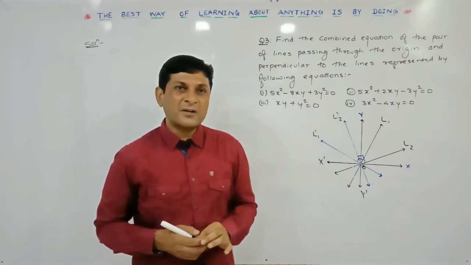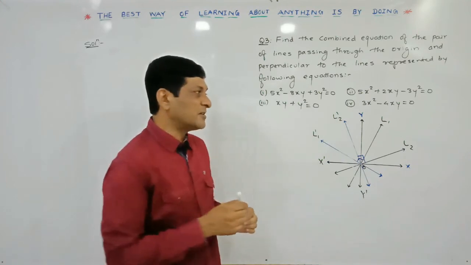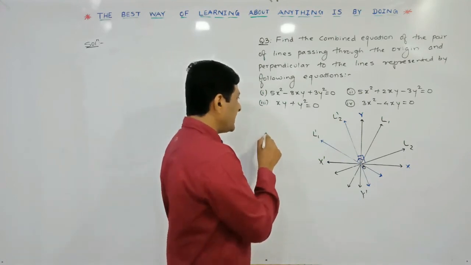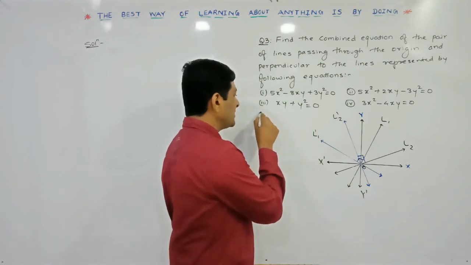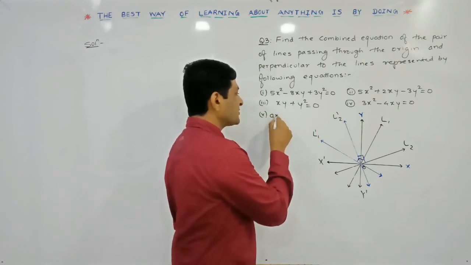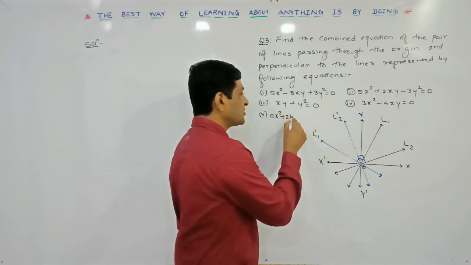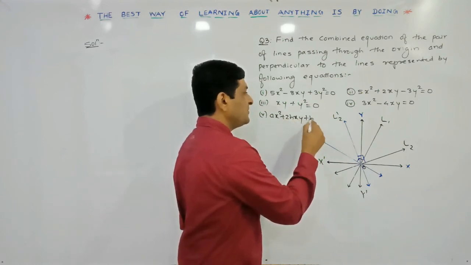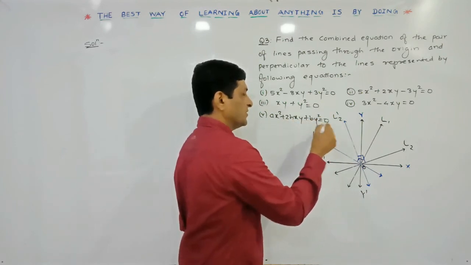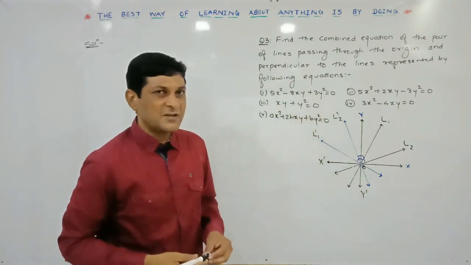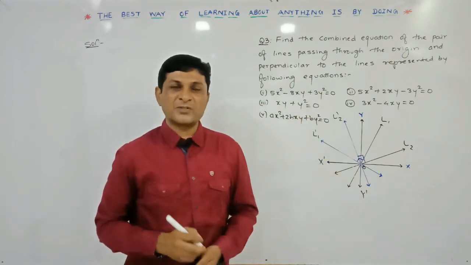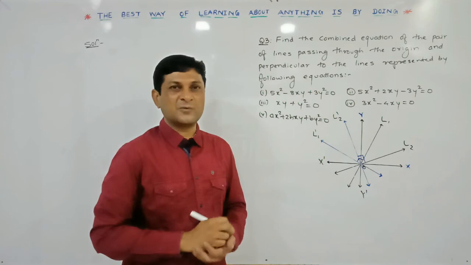We know that a homogeneous equation in standard form can be written as, let us give here number 5, ax square plus 2hxy plus by square is equal to 0.